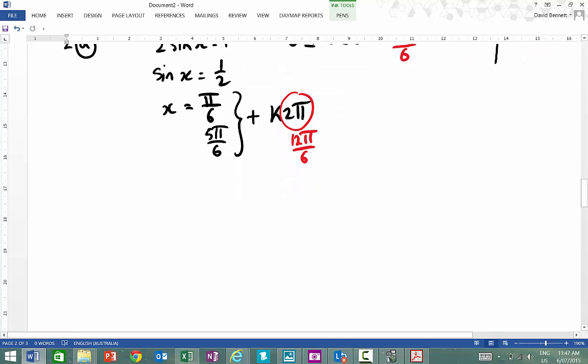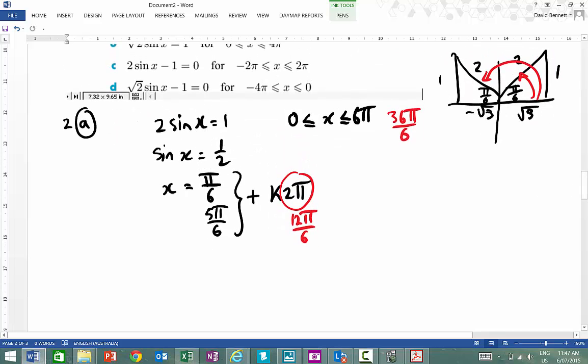So therefore, the values that we can have for x are the following. x is equal to pi on 6 or 5 pi on 6. That's when our k value is equal to 0. Right? So that's our two values there when k is equal to 0.